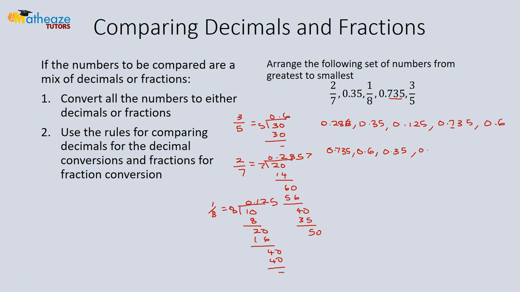Then we have 0.286, and then we have 0.125. So now let's replace the ones that we converted to decimal with the original fractions. So we got 0.735, 3 over 5, 0.35, 2 over 7, and 1 over 8.